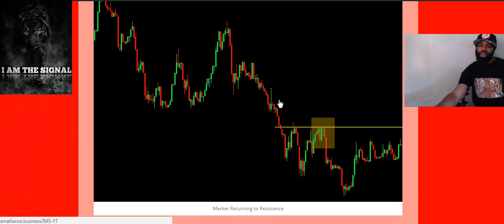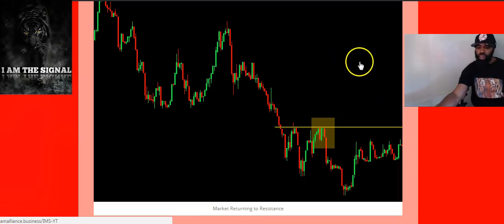I don't like to put guarantees on anything, because people will mess up a guarantee. But this is close to the most solid. It's solid. So you see here in this downtrend, you see the market returning back to this resistance level. So I'm also going to have a resistance level up here. I'm saying the market's going to return back up here.